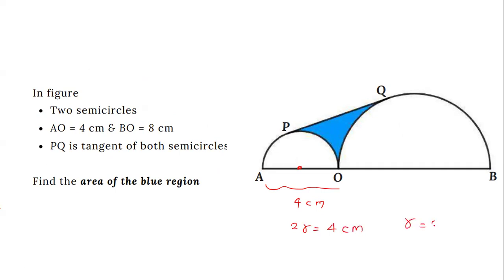So the radius comes 2 centimeters, and from the center to any point on the circle the distance is equal to the radius, 2 centimeters. Similarly, BO is 8 centimeters, so the radius of this semicircle is 4 centimeters.